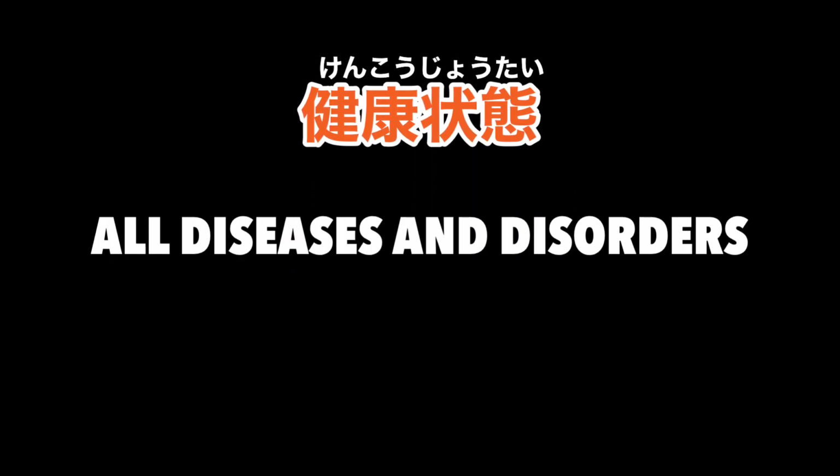So, Kenko Jotai has to do with all diseases and disorders. And I mean all. Remember this. If you encounter a disease or a disorder in the situation you are reading right now, there's a huge chance that that disorder or disease belongs to Kenko Jotai.